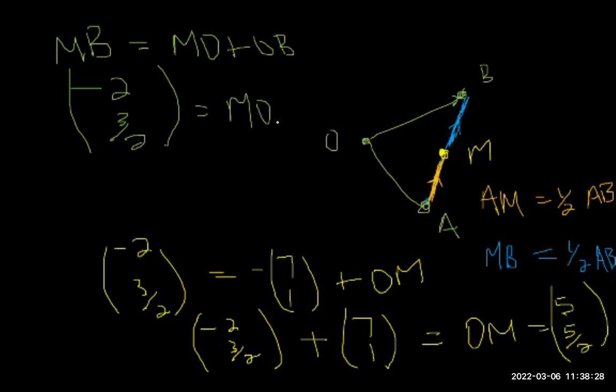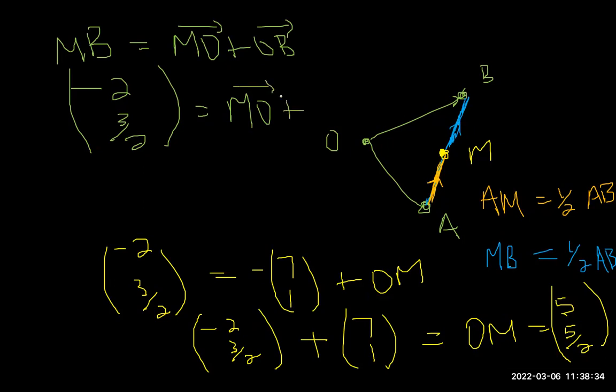I'm done writing. You can erase the yellow part. Okay. MO, you're trying to find this, and then OB, we already know what that is. It's 3, 4. And you would get the same answer.